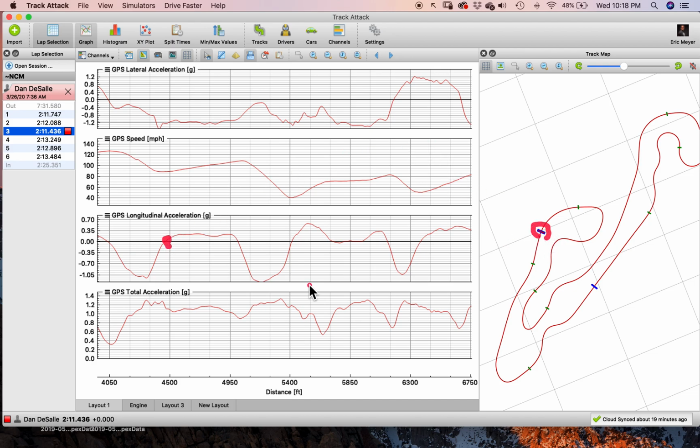Right here, right? Because that's what this means. All right? We also see that by the increase in speed. We also know that right here, this is how many lap G's we're getting, right? And the total use of the tire is right here.